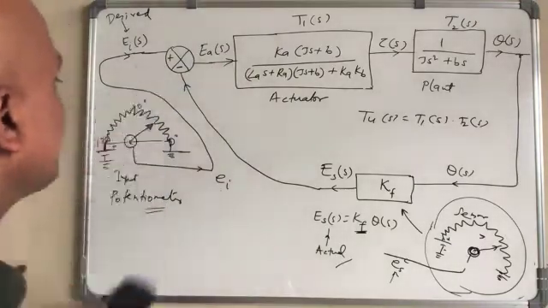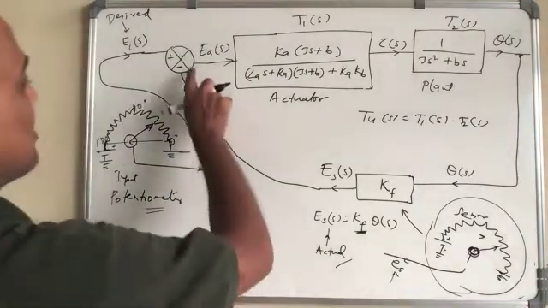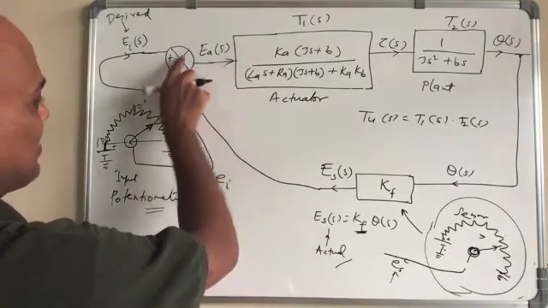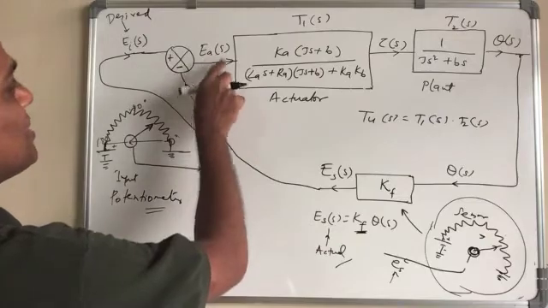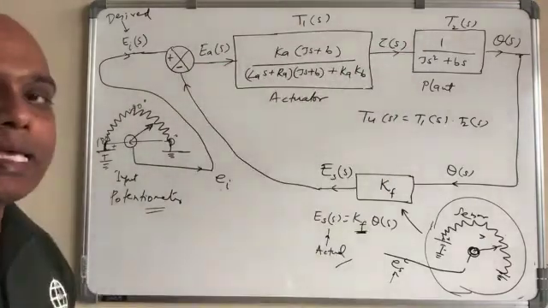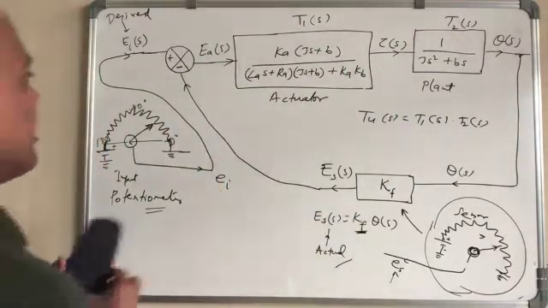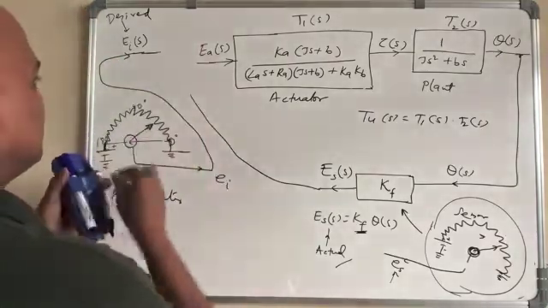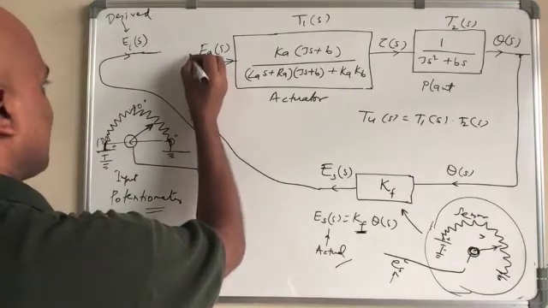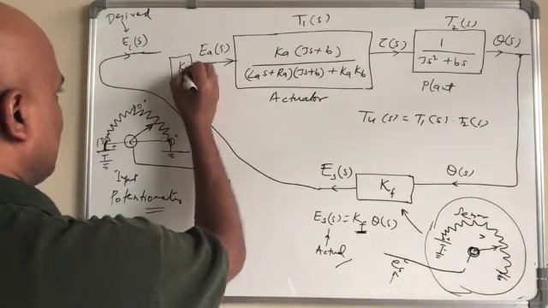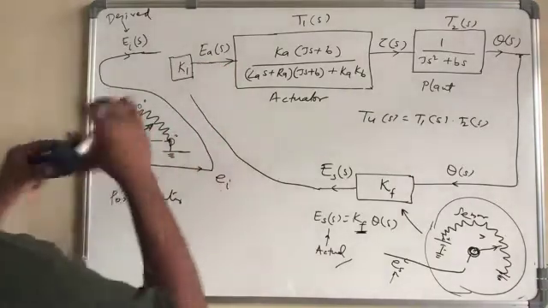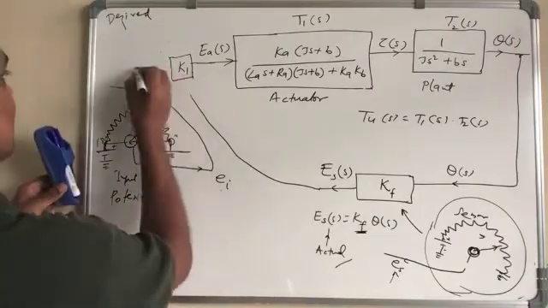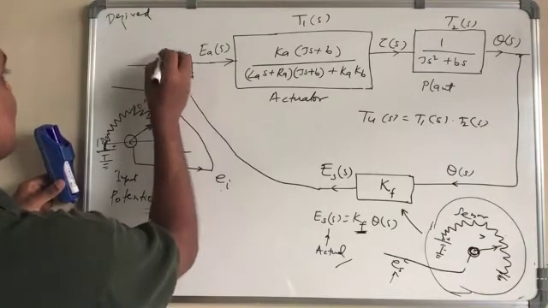But before we have the error, after we sum it up, there may be a gain as well. So we will move a little bit to this side. This is another gain, let's call it K1, and then this is the error.